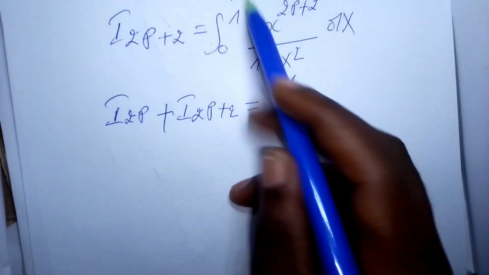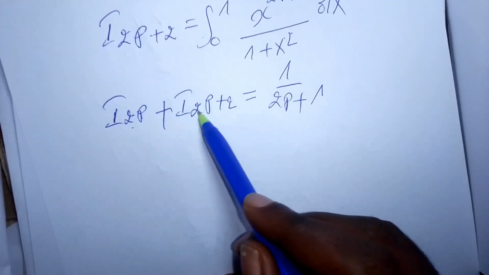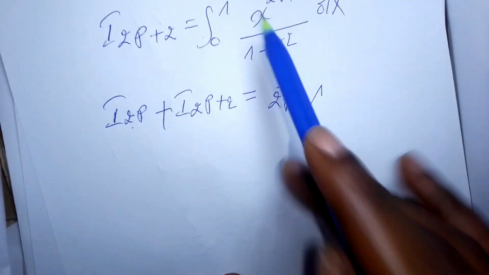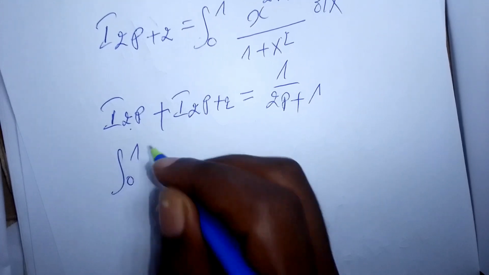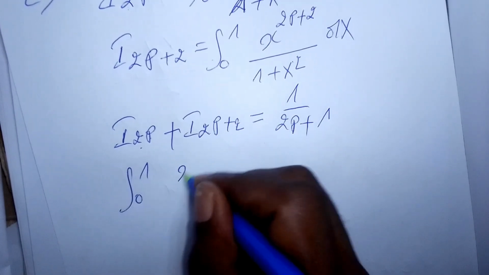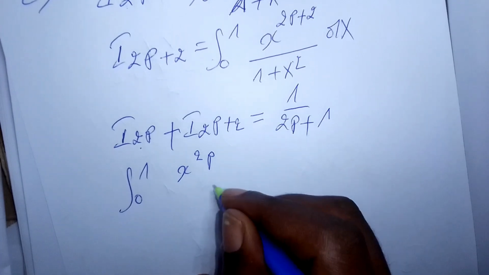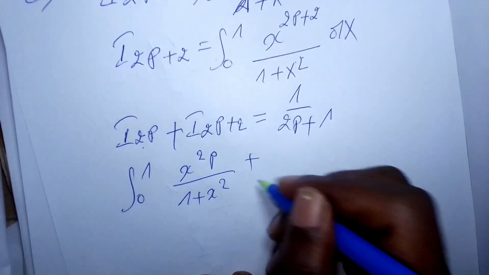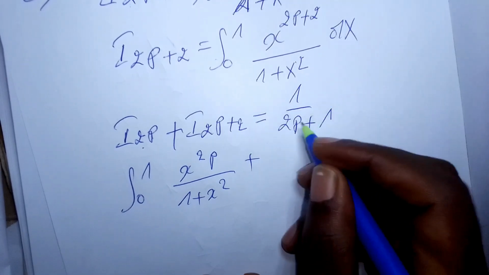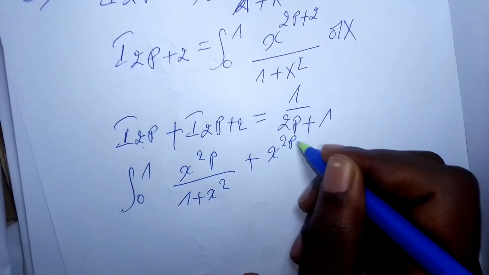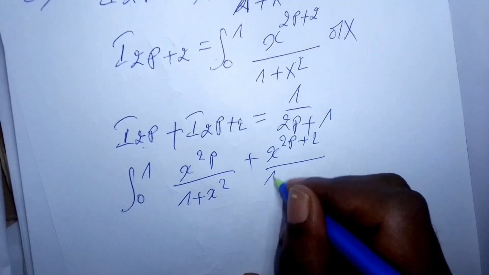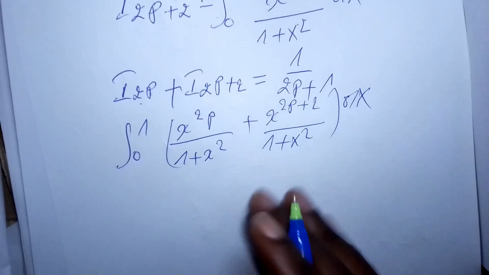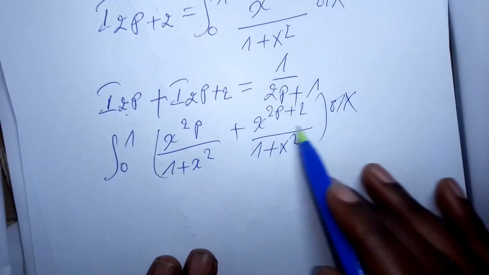So we have I2p plus I2p plus 2. We add them from 0 to 1: x power 2p over 1 plus x square, plus x power 2p plus 2 over 1 plus x square, dx.